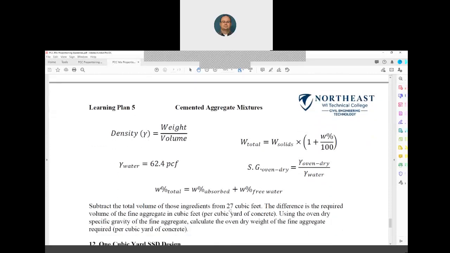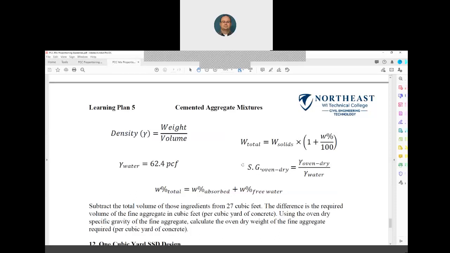And remember, total water percent equals water content absorbed plus water content of free water. We just went over this this week. So how do I get my oven dry unit weight? I take my unit weight of water times my specific gravity.